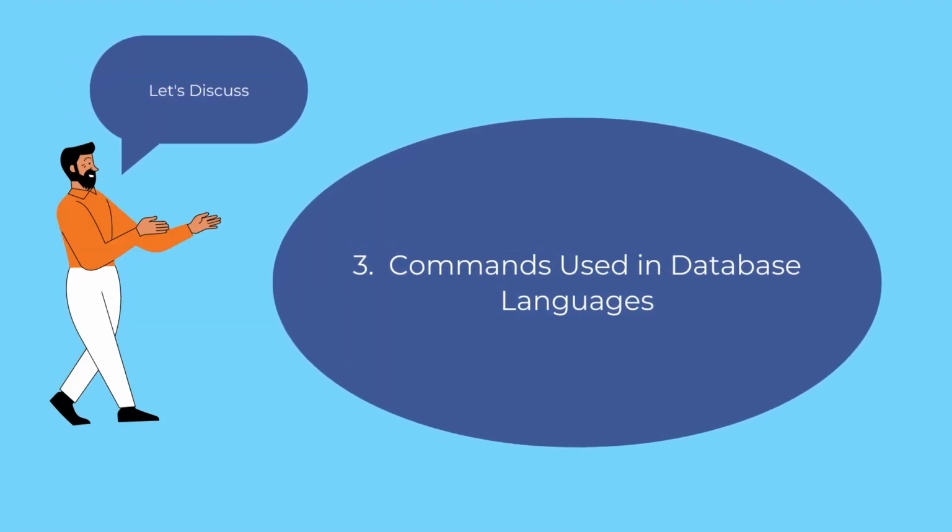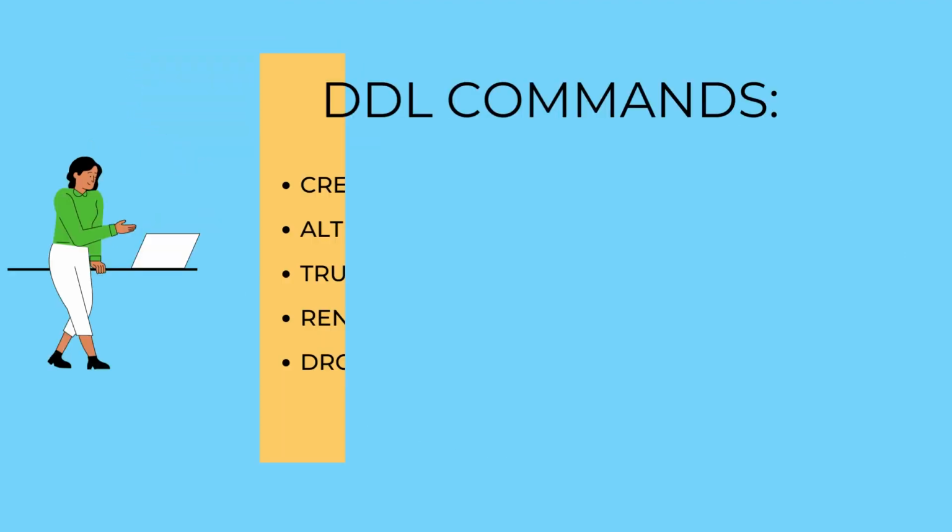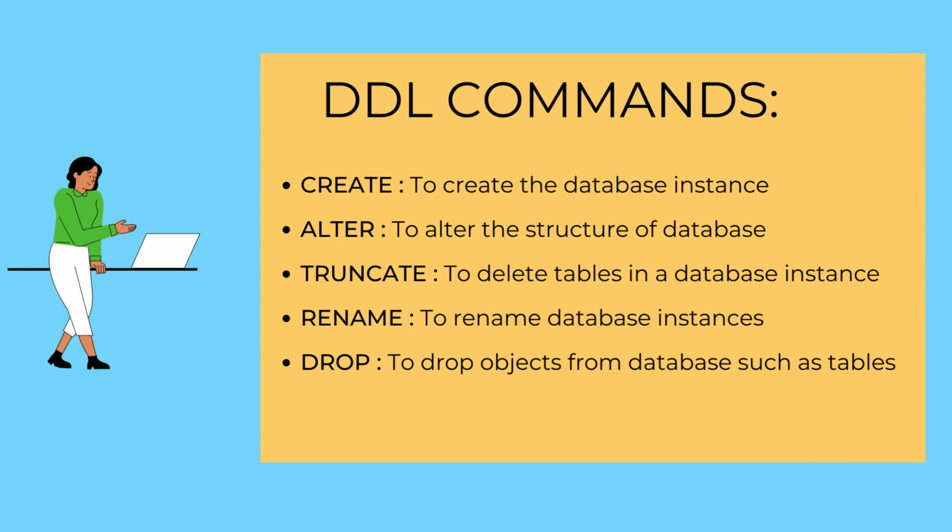So now let's discuss what commands are used in database languages. Coming to DDL commands. The first command in DDL is the create command, which is used to create the database, instances and schemas. Second command is the alter command, which we use to alter the structure of the database or database objects.